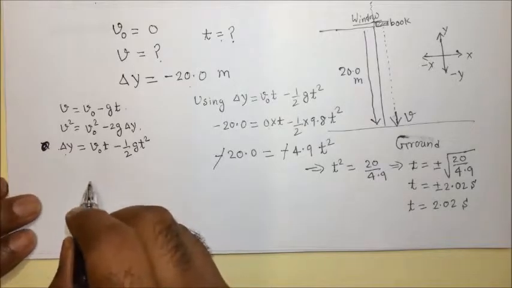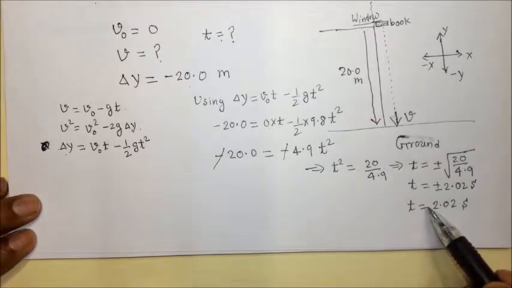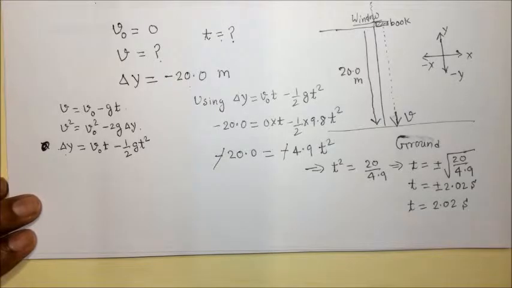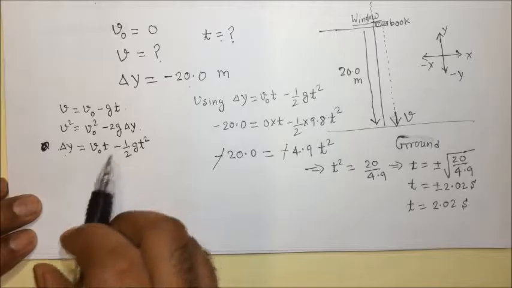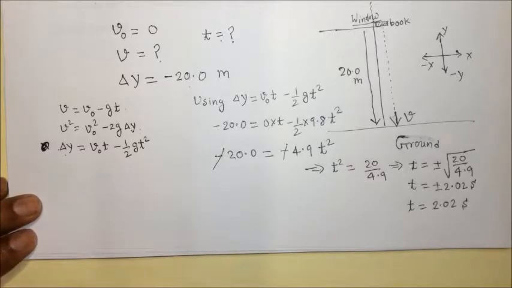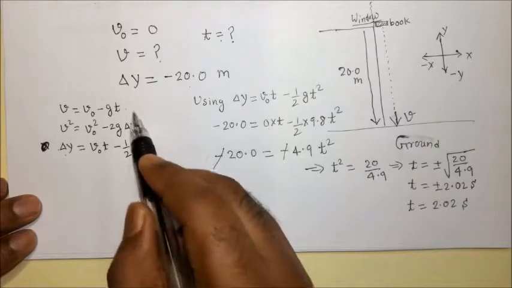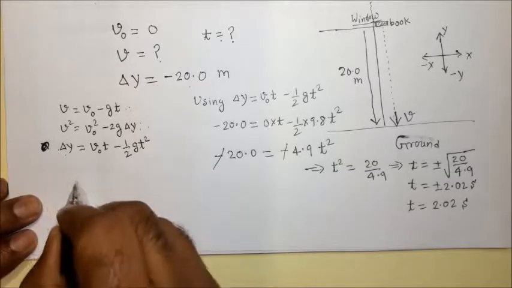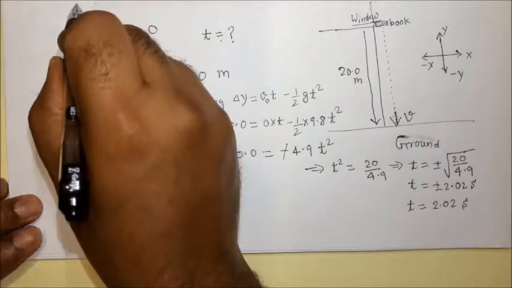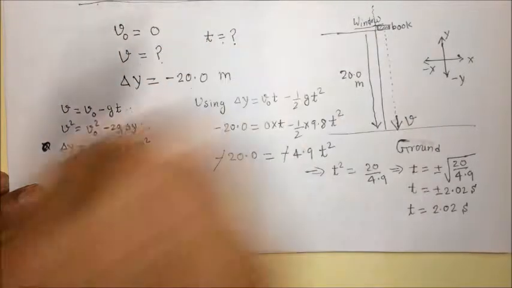So let's not depend here on this t. If someone wants, one can do this, but the answer will be the same. No matter how you do it, your answer will come out the same. Either you use this one or this one. So let's do, with what velocity does the book hit the ground?